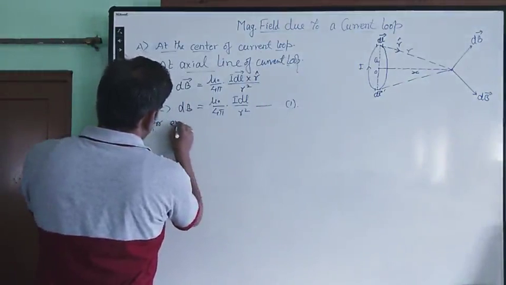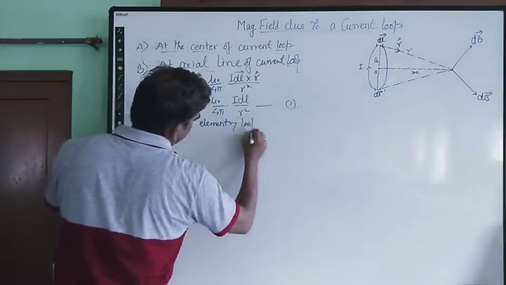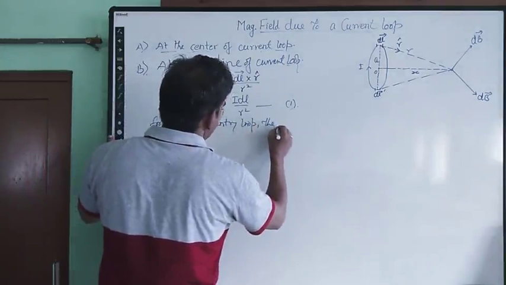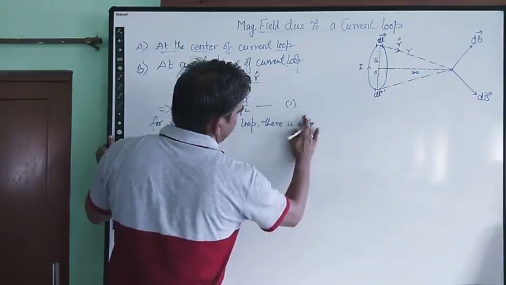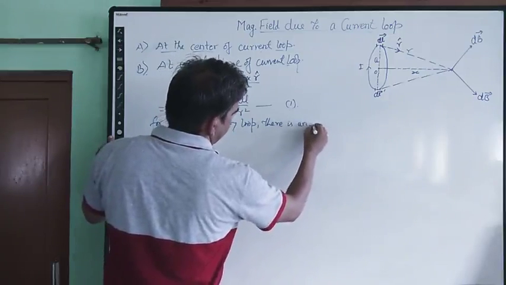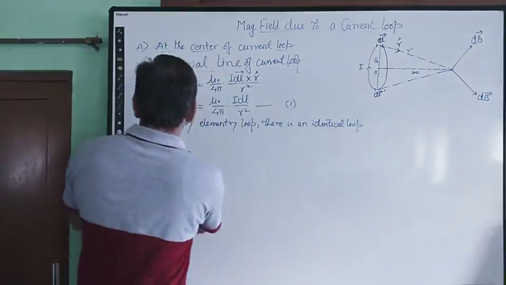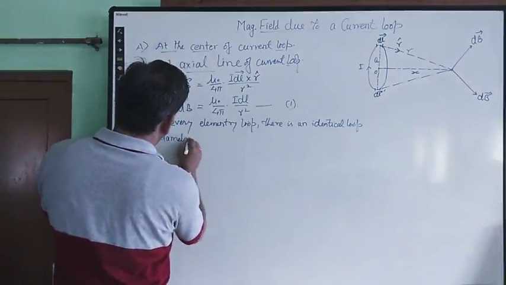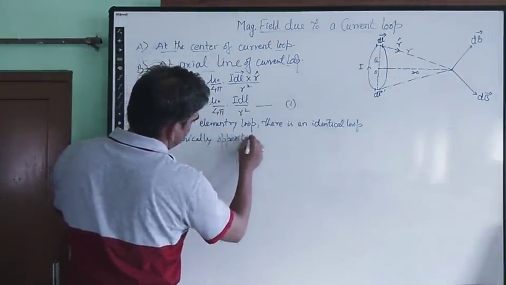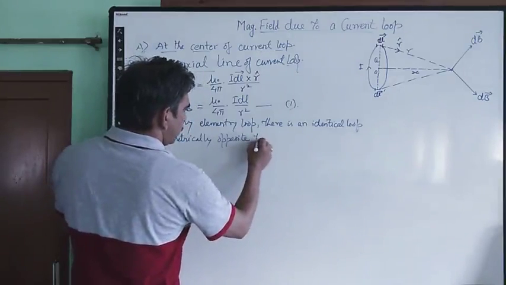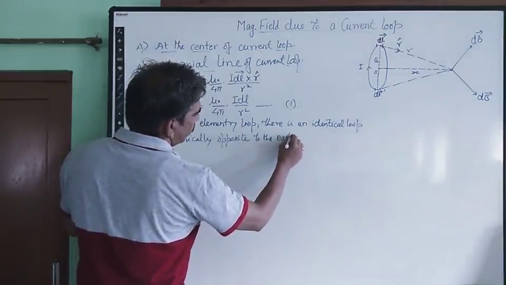For every elementary element, there is an identical element which is diametrically opposite to the earlier one.